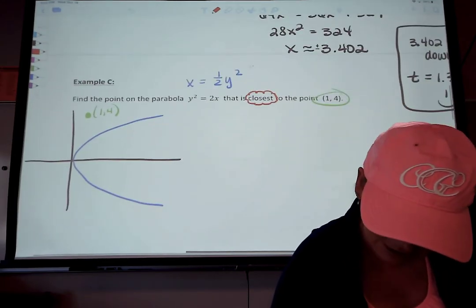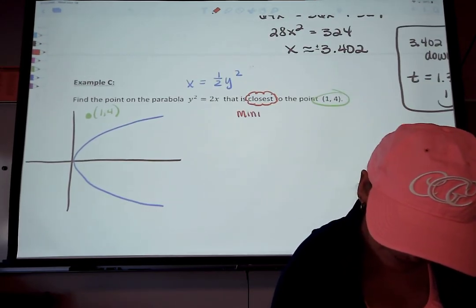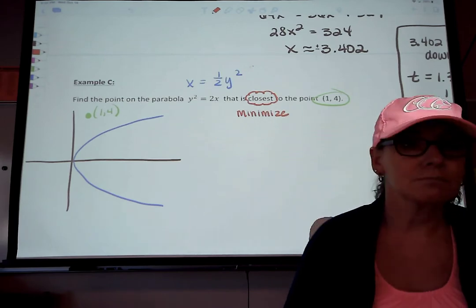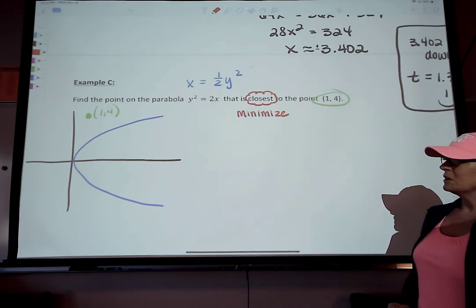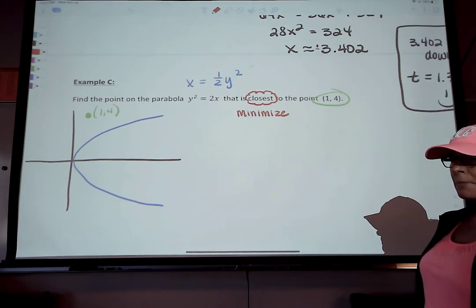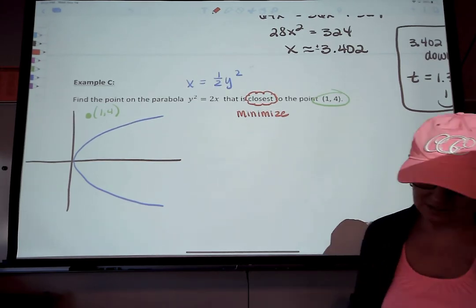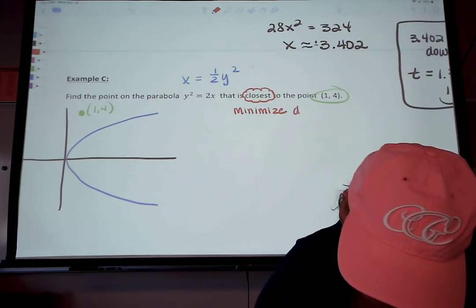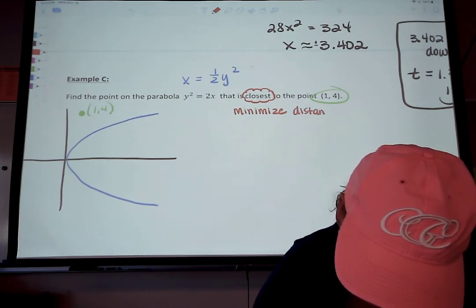I think we want to minimize something. We want it to be closest. We are looking for the minimum distance. We need to minimize distance.